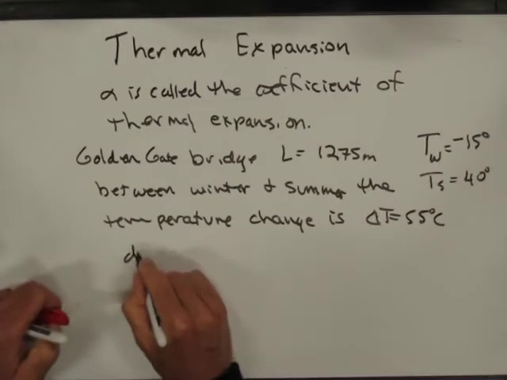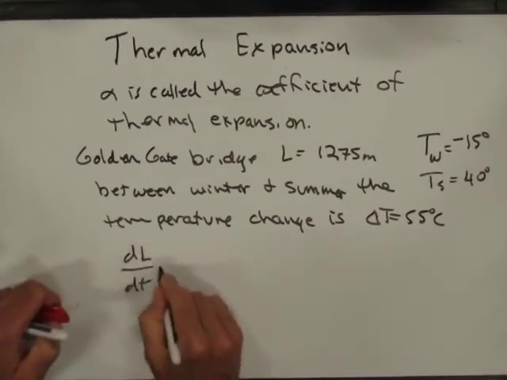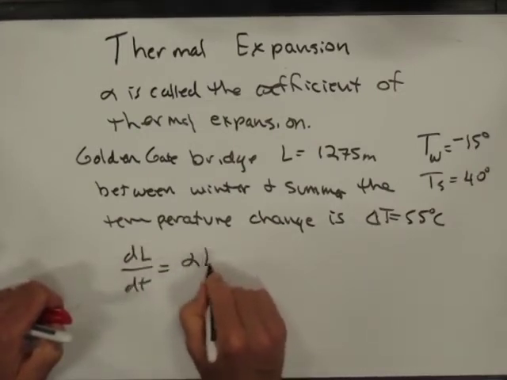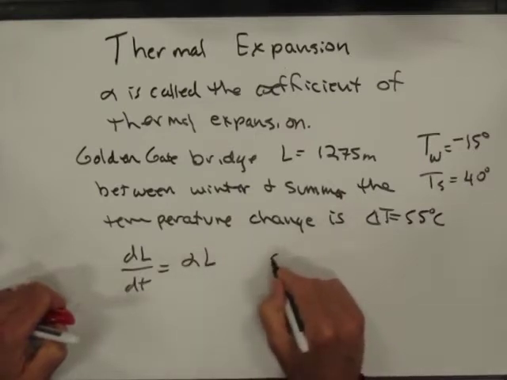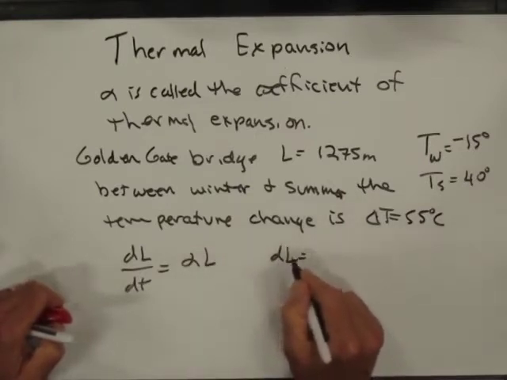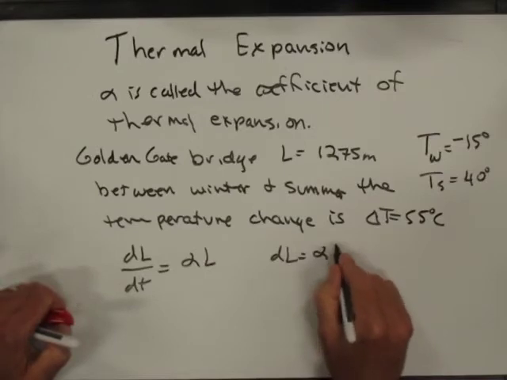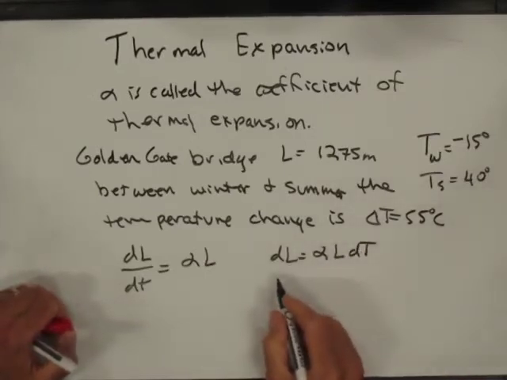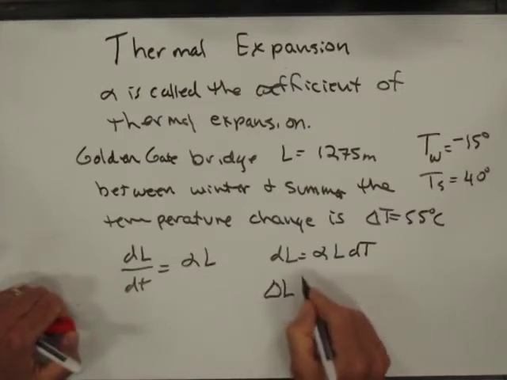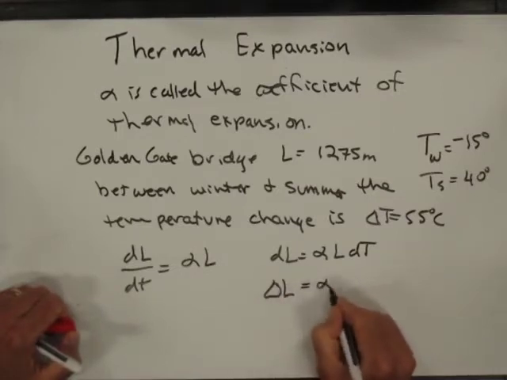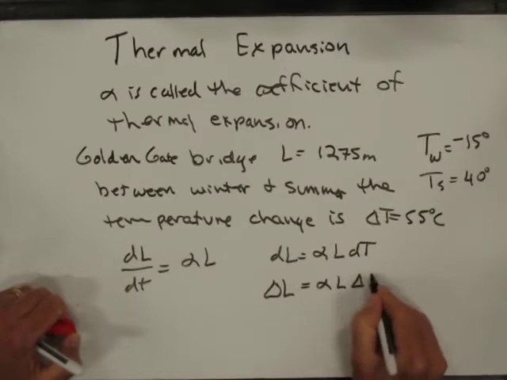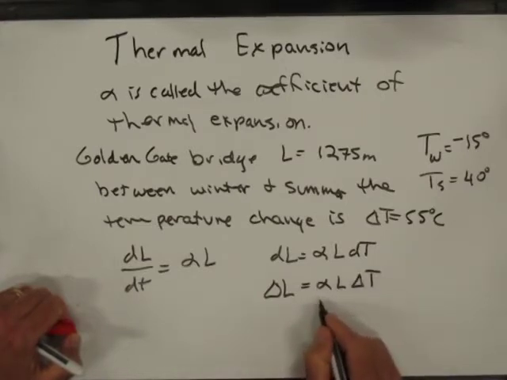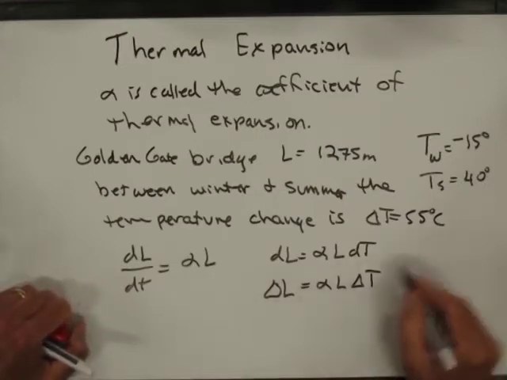And so we had dL/dT is equal to alpha L. And so that says that dL is equal to alpha L dT. And so we can approximate this and just call this the change in length. The delta L is equal to alpha L times the change in temperature. And we know all these if we assume that the bridge is made of steel.